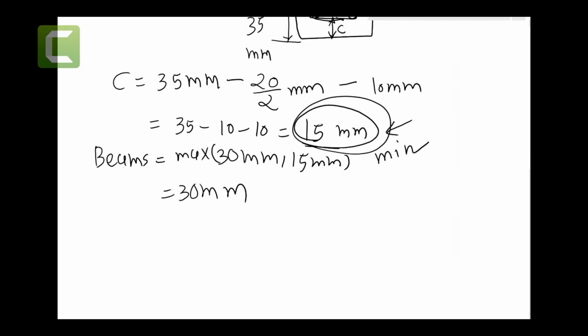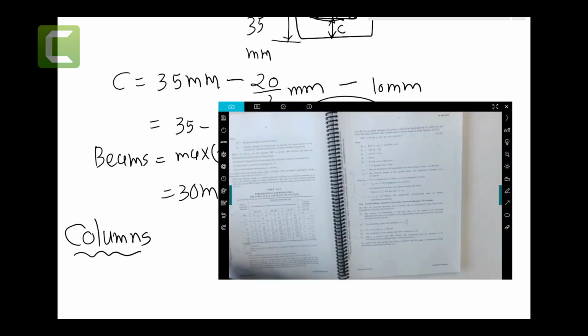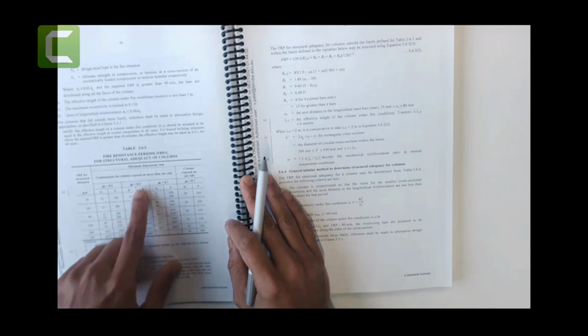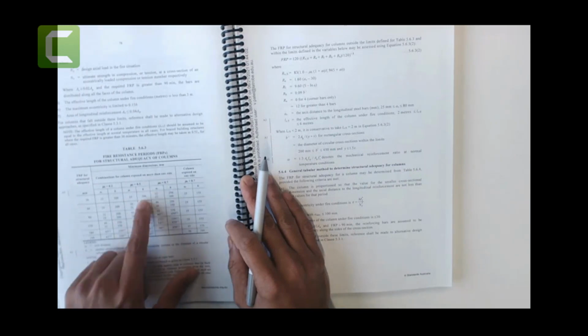Now for columns, we can use the table number 5.6.3. Yep, here you go. Table 5.6.3, combination of column exposed to more than one side. So let's say you have more than one side and you read mu fi equal to 0.5.